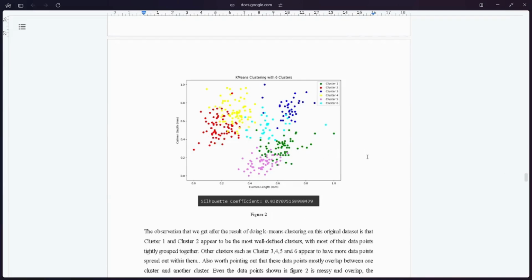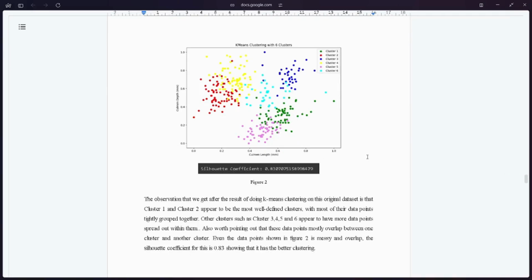Now for figure 2, which is the K-means clustering for the original dataset, you can see that the data points overlap, and the distribution and the gap between the data points is too wide, which isn't good.